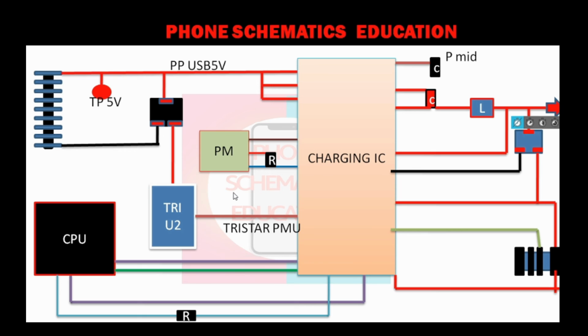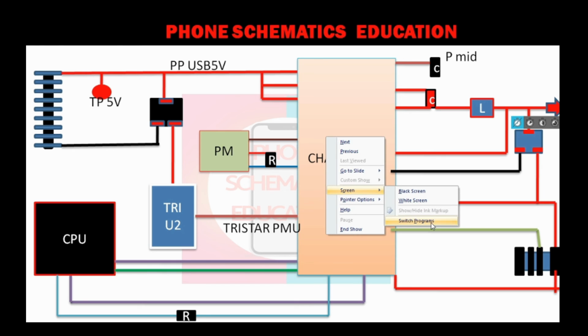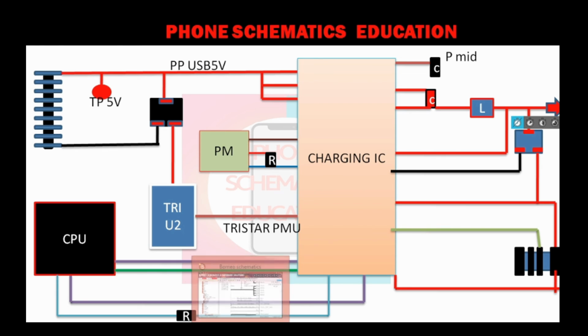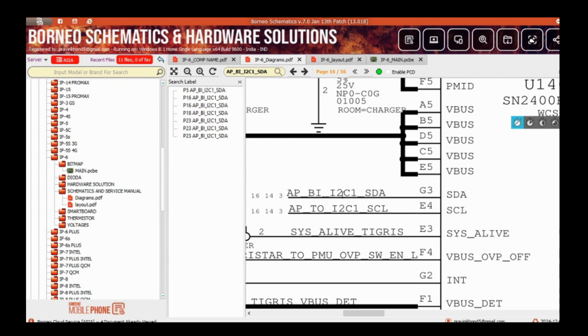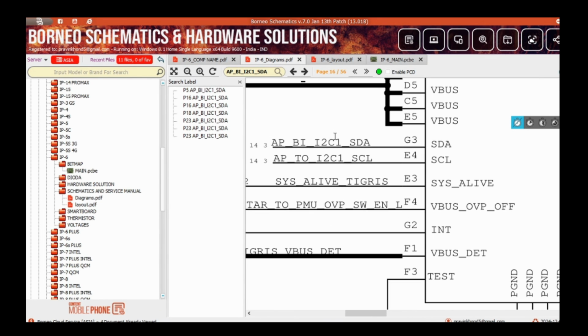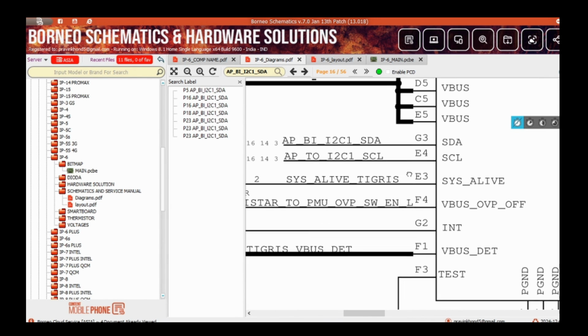Now next, a power IC, next line through the power IC, another line goes to the charging IC. Now which line is this? Just go to the schematic. Now clear? Now I will tell you this line, system alive, E3.